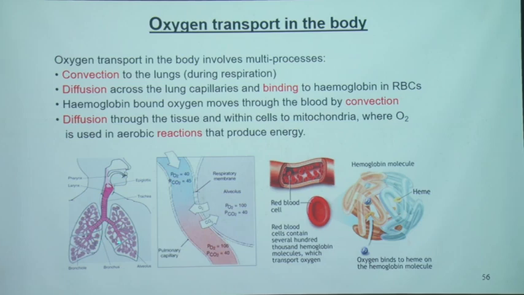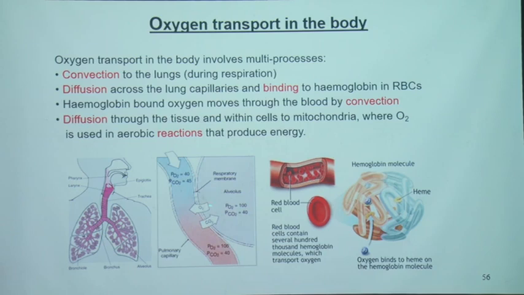The alveoli provide a huge surface area that allows gas exchange to take place. So initially we have convection through respiration, and once it enters the lungs, there is diffusion across the lung capillaries. This process is described over here.